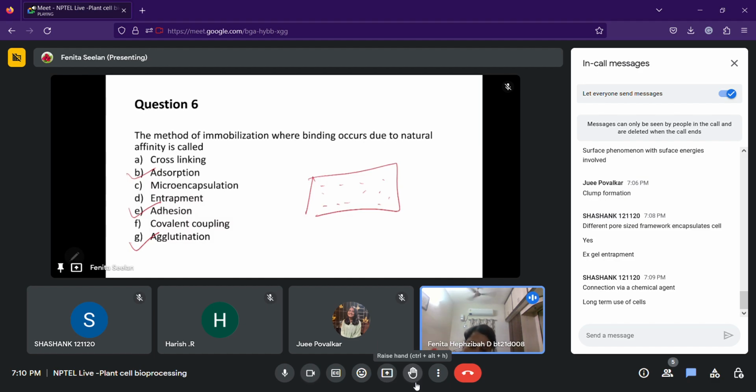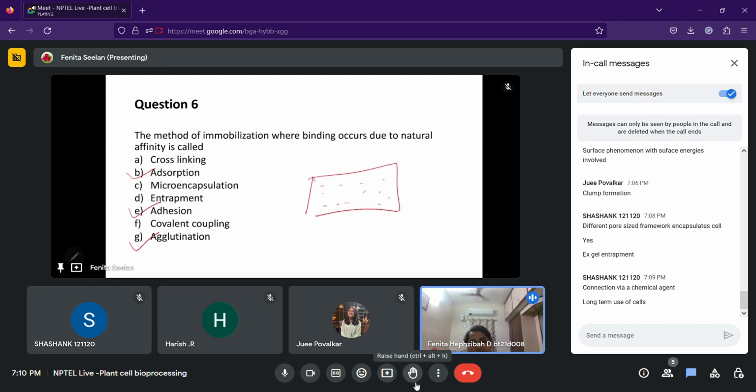Long-term usage of your cells and of other systems, say for example enzymes, which are generally entrapped so that they can be used for so long. Same goes for plant cells, and you can use the process continuously. No need to grow your cells again and again. If your cells are already entrapped, you are just passing things inside and getting things out. So you can use it for biotransformation also.